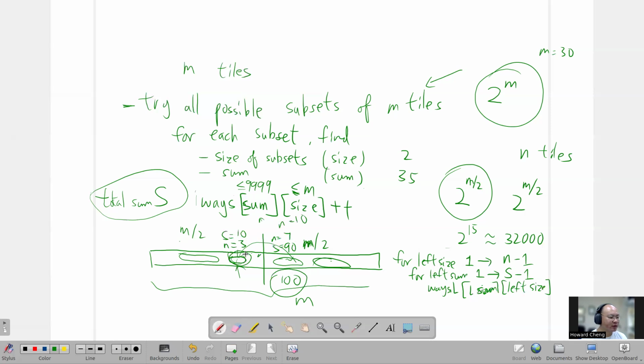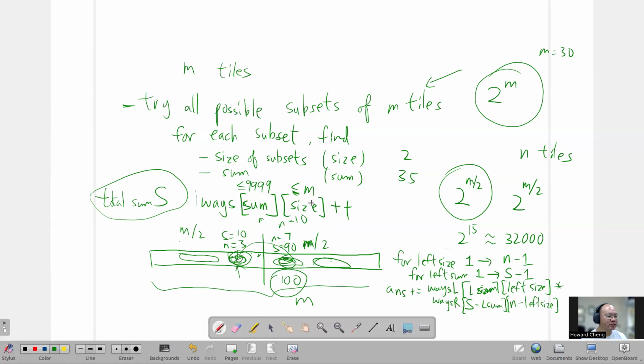And if there are 5 ways to do it here and 10 ways to do it there, then each pair is possible, so it's 5 times 10. So I have to multiply the number of ways on the right of the total sum minus the left sum, and the total size minus left size, and then add that into my accumulator of the answer.